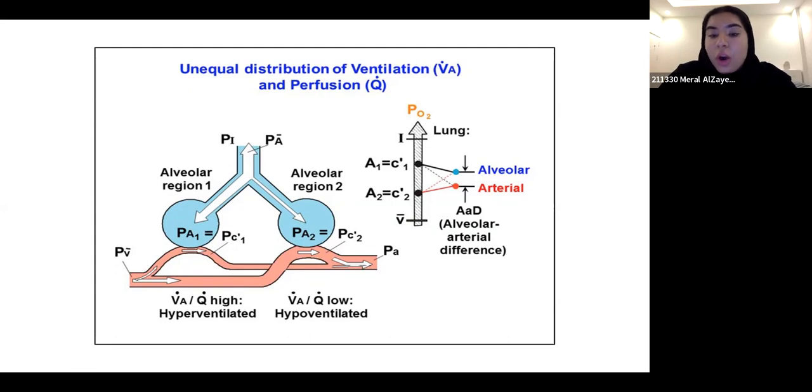The same goes for arterial partial pressure of oxygen, but in this case, it will be closer to this dot. Do you see the red dot? It's closer to the second region, or alveolar region 2. Now, why is this? It's because it has more perfusion.